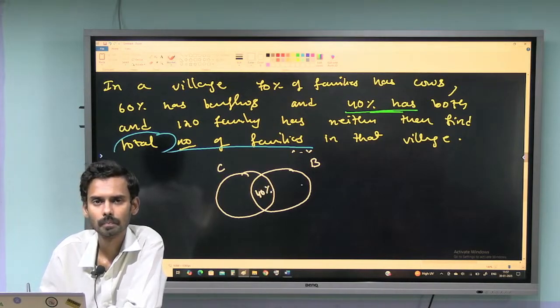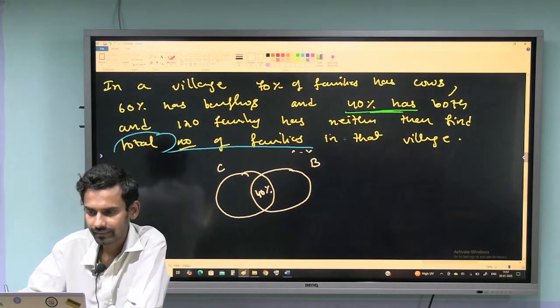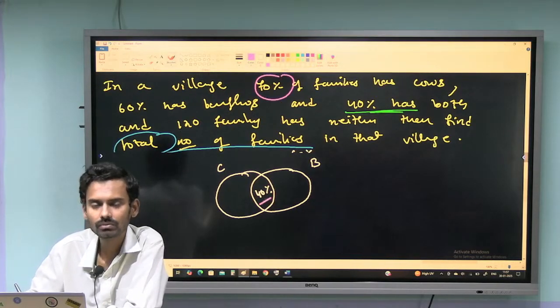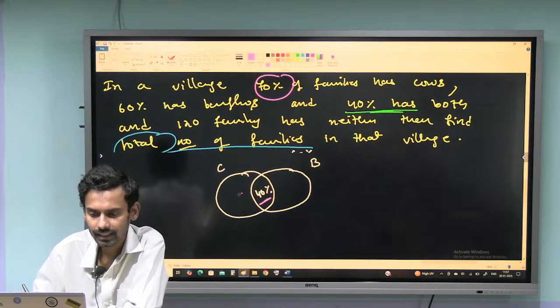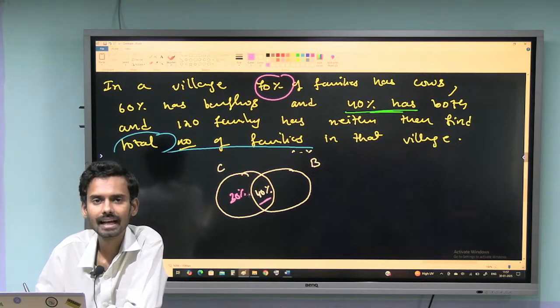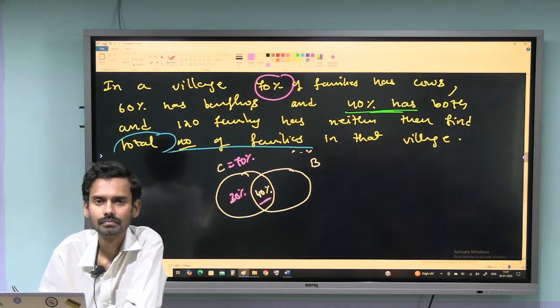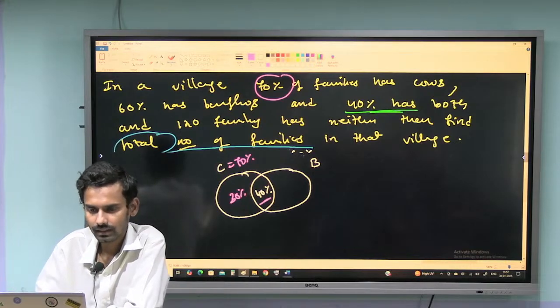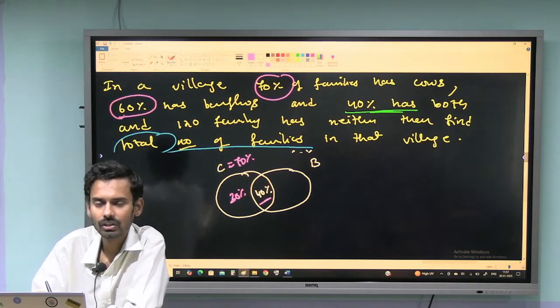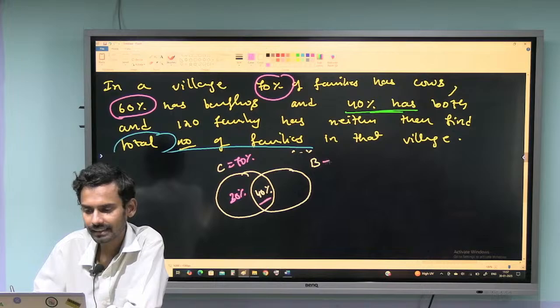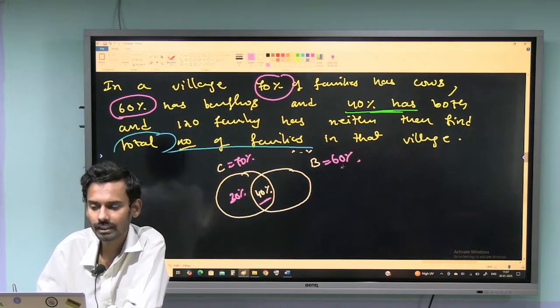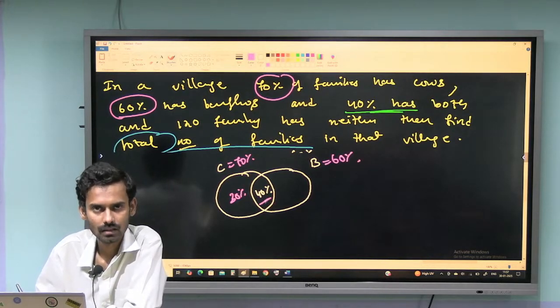Is it so? Now out of 70%, which is the total number of families having cow, 40% are having buffaloes as well. So can I say remaining 30% will be having only cow, so that this total will become 70%. Similarly, the families that are having buffalo is 60%. So this entire thing is 60%, out of which 40% are having cow as well.